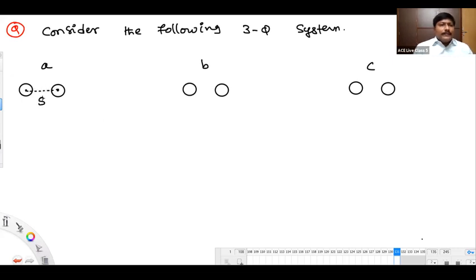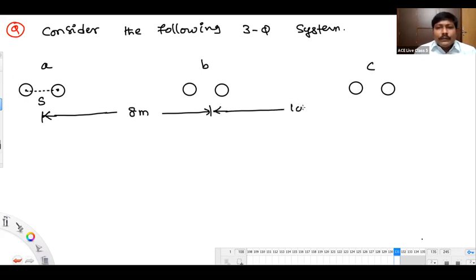Let's say this distance is 8 meters, and this distance is 10 meters.